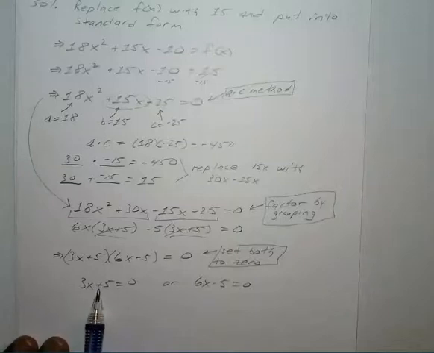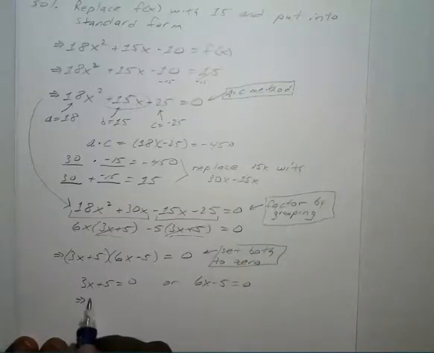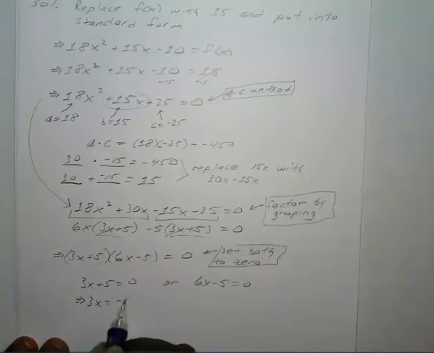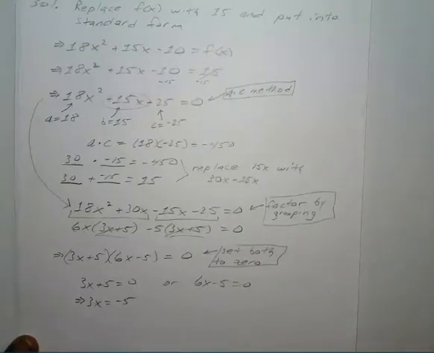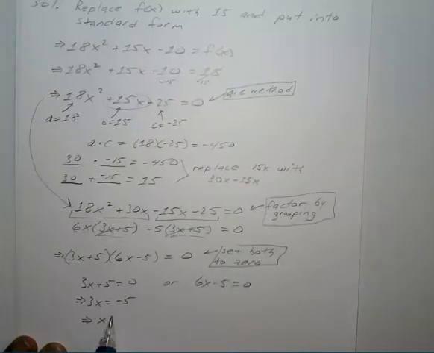Here, if we subtract 5 from both sides, that gives us 3x equals negative 5. Once we divide both sides by 3, we have x equals negative 5 over 3.